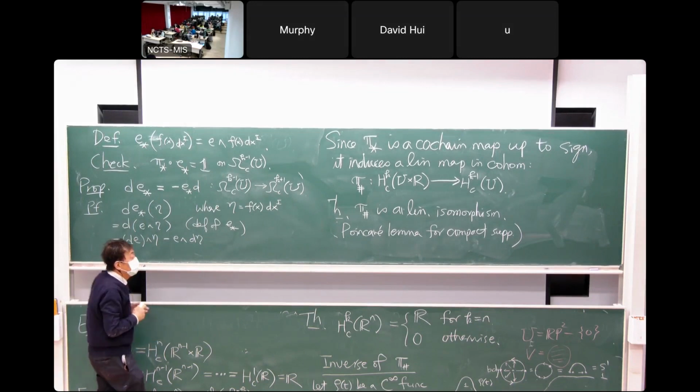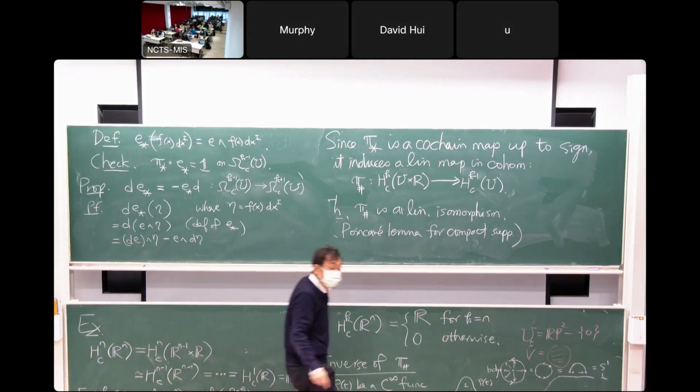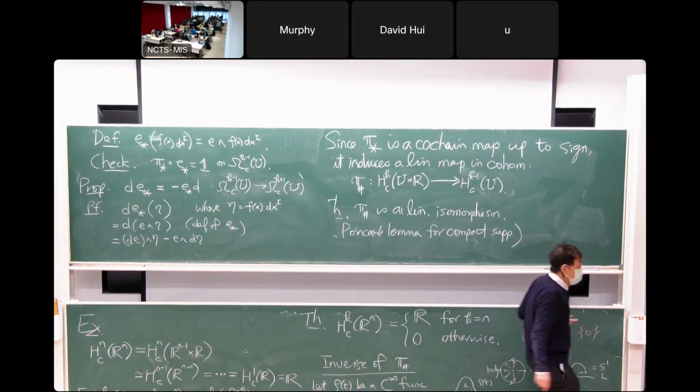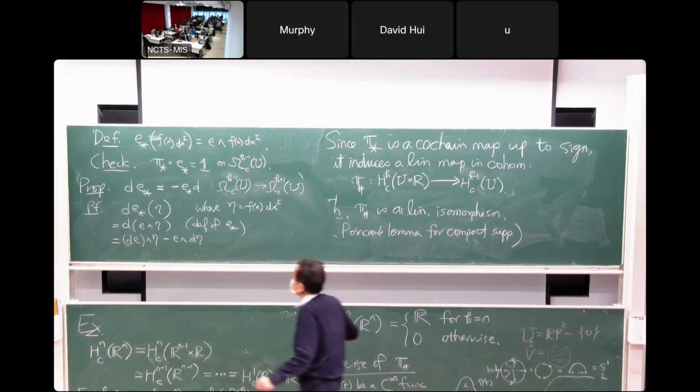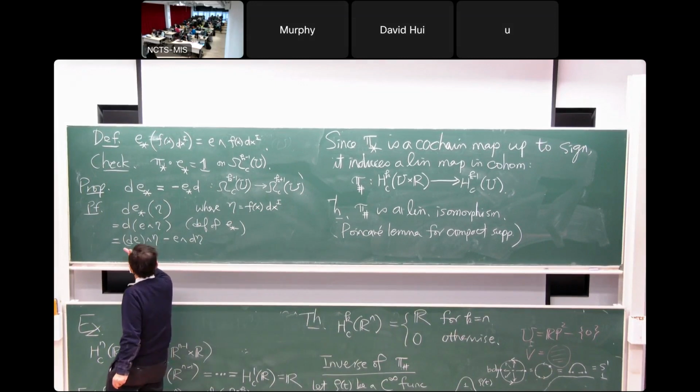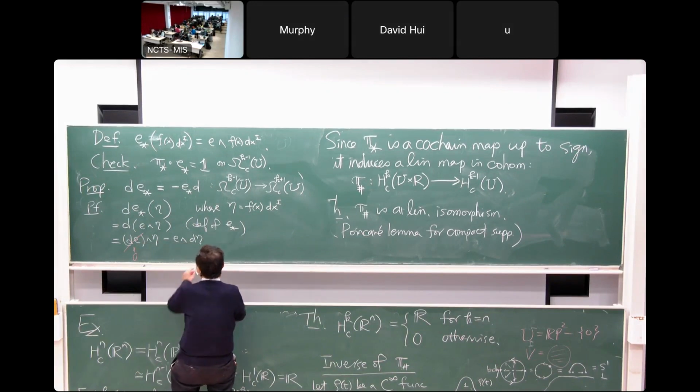But dE is 0, right? Because dE is a 3-form on R. So dE is 0. This is 0. And so you just get minus, now wedging with E, that's E lower star.